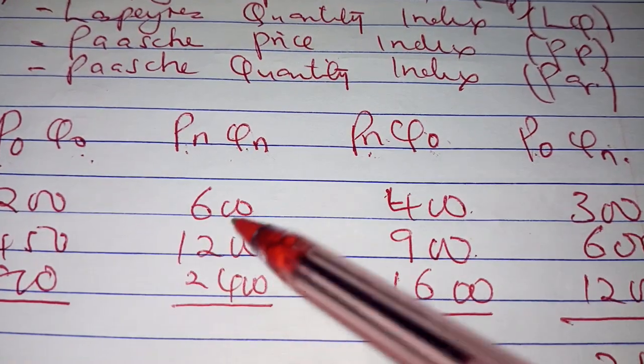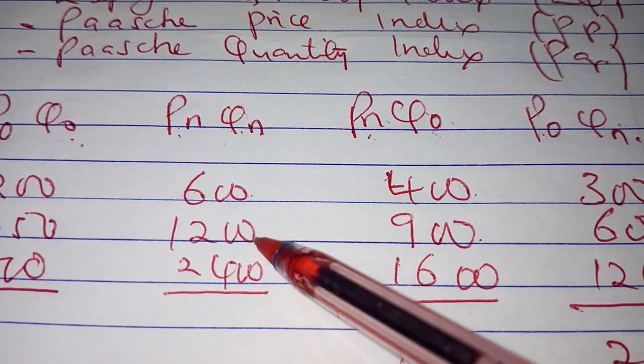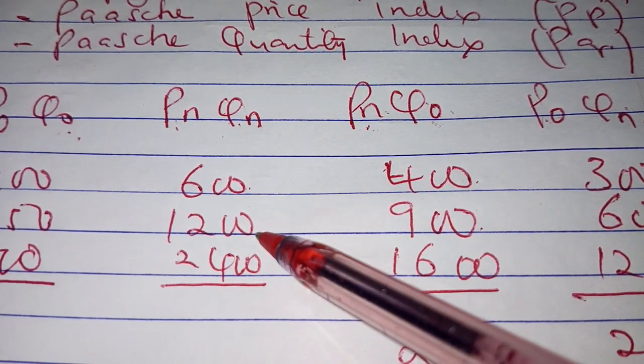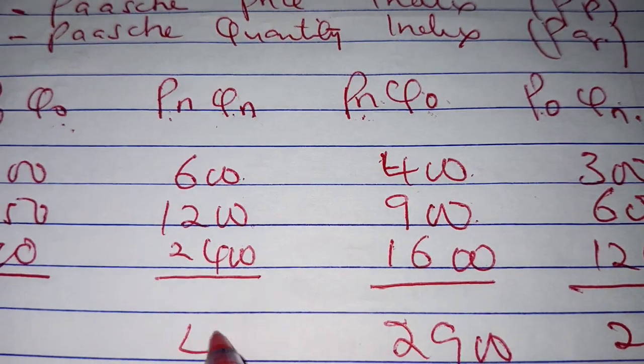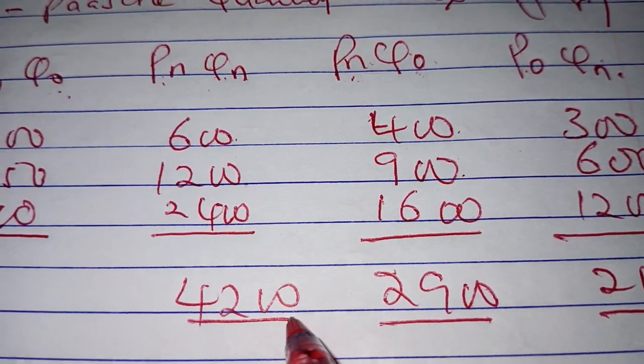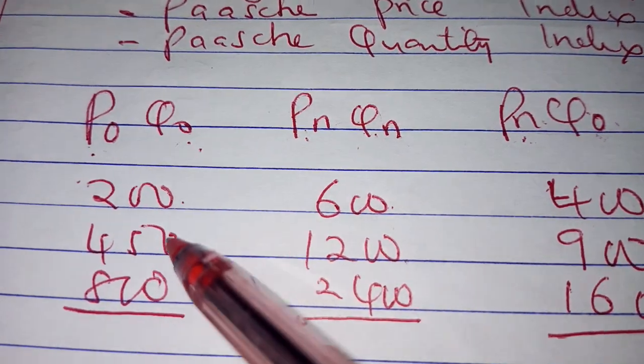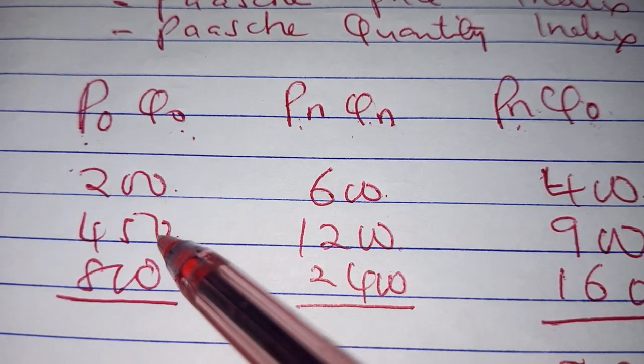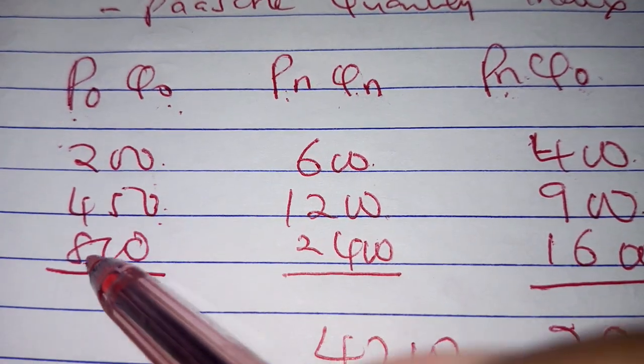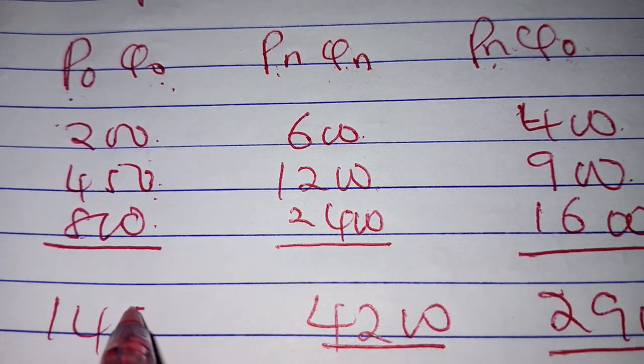For the PNQN, the total will be 6 plus 12, which is 18, you add 24, we get 4200. Then lastly, we have 200 plus 450, that is 650, plus 800, you get 1450.